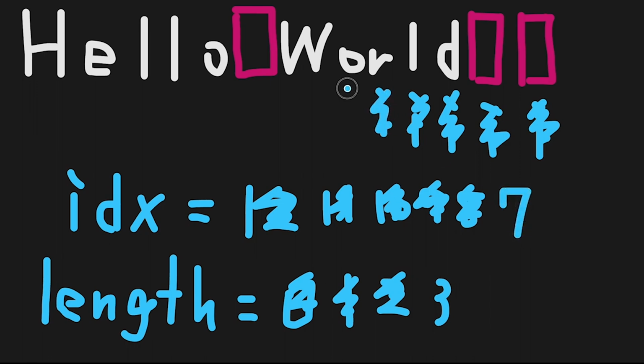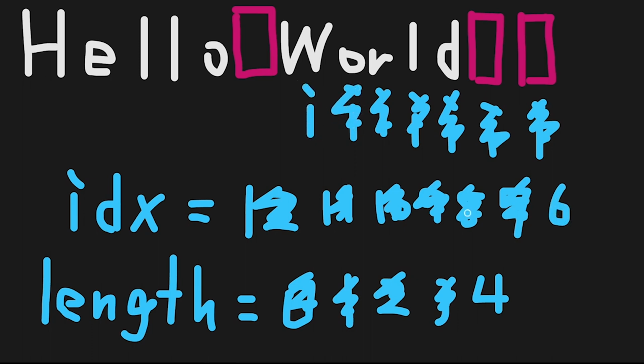So move to index 7. Again, we find the O. So add +1 to length, and then reduce the current index to 6. So move to index 6. So we find the W. So again, add +1 to length, and then reduce the current index to 5.